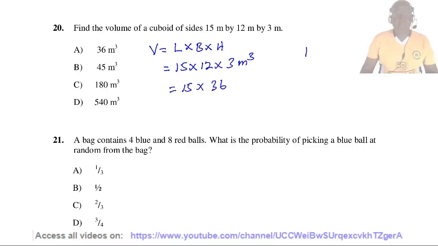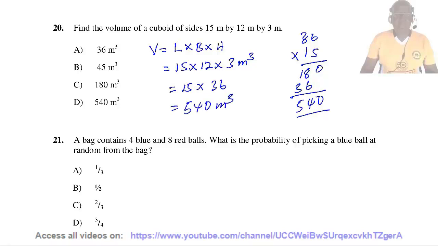So 36 multiplied by 15. 5 times 6 is 30, carry 3. 5 times 3, 15, 18. So 0, 8, and then 3, 6. So 0, 4, 5. So the answer is 540 meter cube, or D.